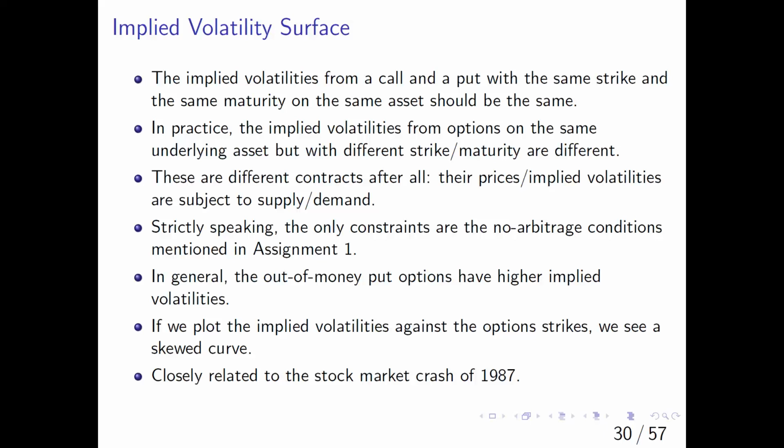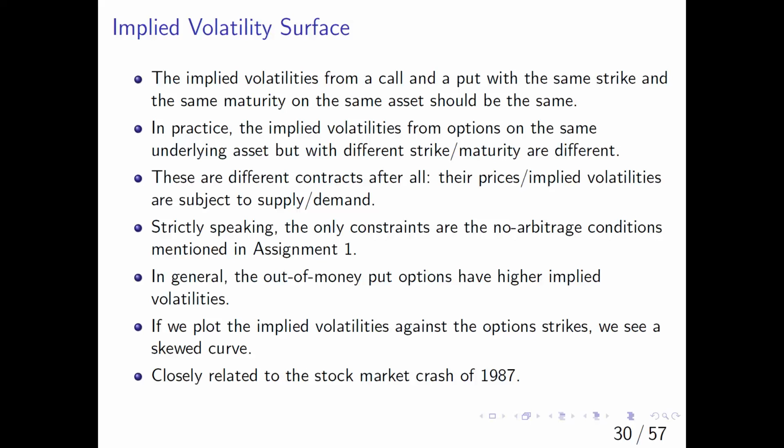As long as the option prices don't violate those conditions, there are no arbitrage opportunities. So for option prices, there's a wide range that is feasible. That's why option prices are subject to supply and demand, which leads to different implied vol numbers. Okay.